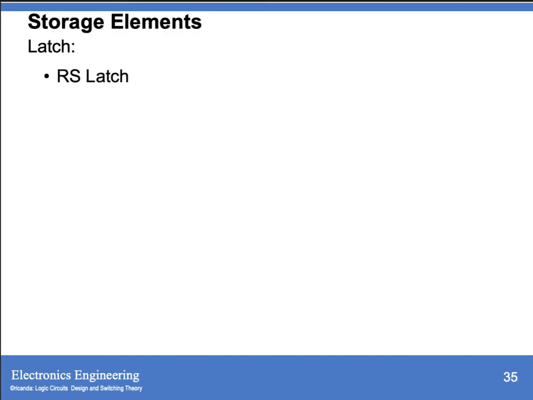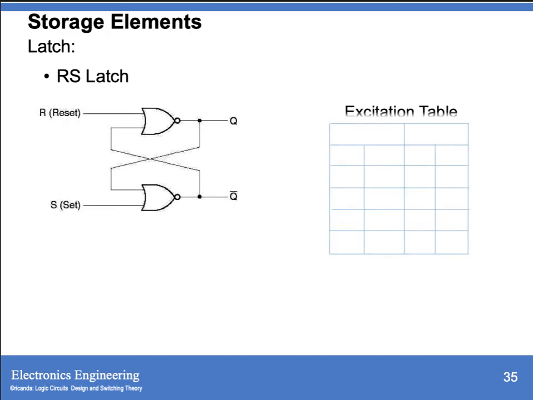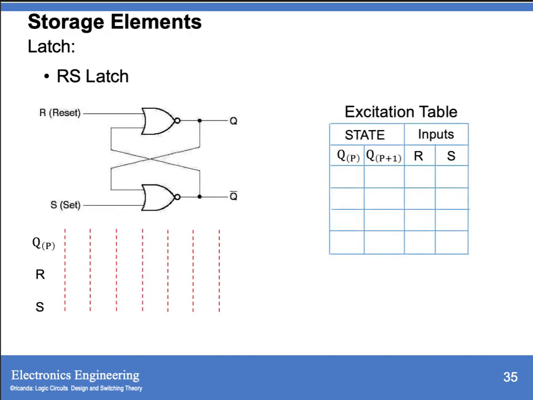So for your latch, we have RS. So remember, this is your RS circuit, and we have this excitation table. For your previous Q, it is 0, and your next Q is also 0. So by default, your R and S are at 0.